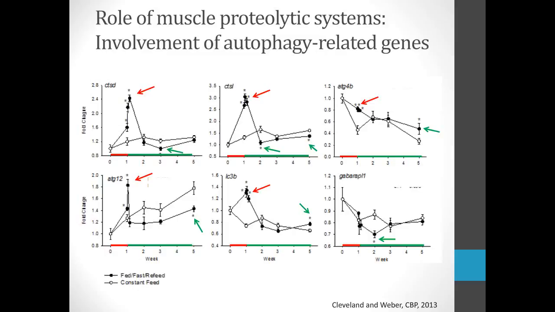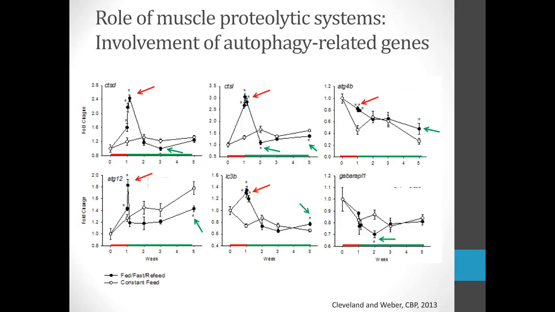A second proteolytic system is the autophagy lysosome system, and this serves a very different role in protein degradation compared to the ubiquitin proteasome system that I just described. The autophagy system serves as more of a non-discriminate proteolytic pathway, contributing to probably about 50% of total protein degradation in muscle cells.